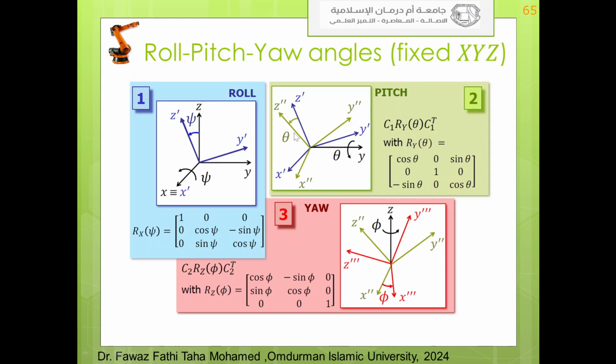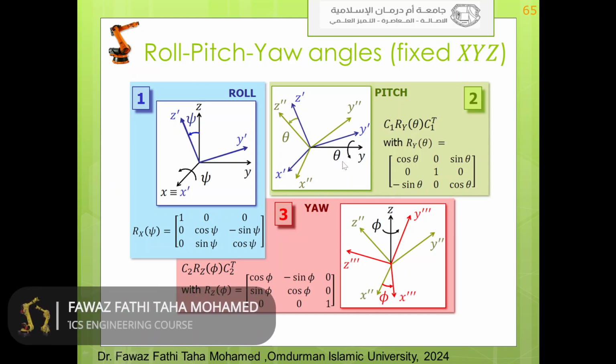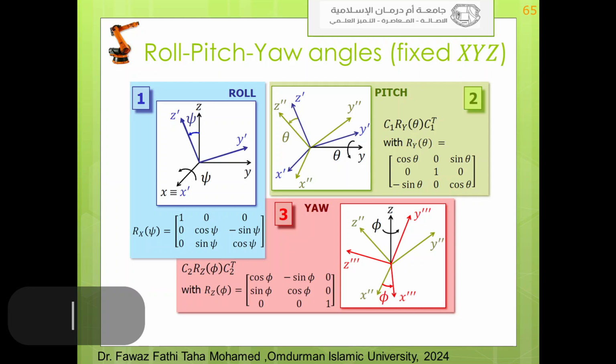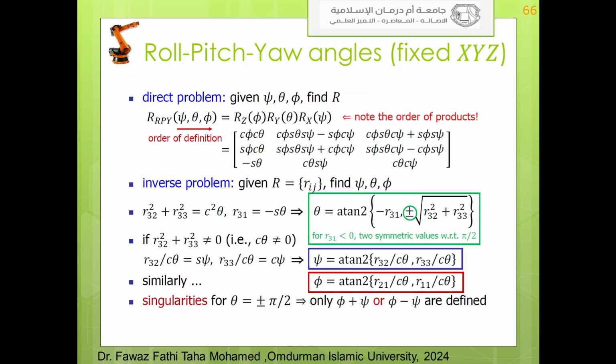C1 means I have to return back to the z-axis, then make a rotation around y, then invert this C1 movement. Okay, just in a simple way. In order to use the principle of post-multiplication, I have to rotate around the current axis, so I just make this modification.